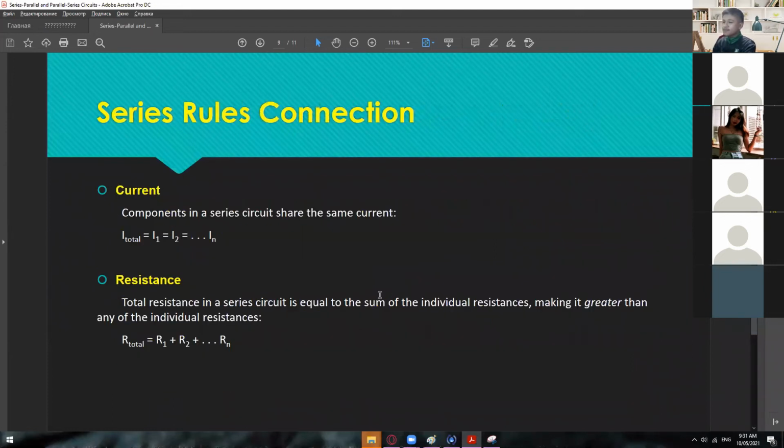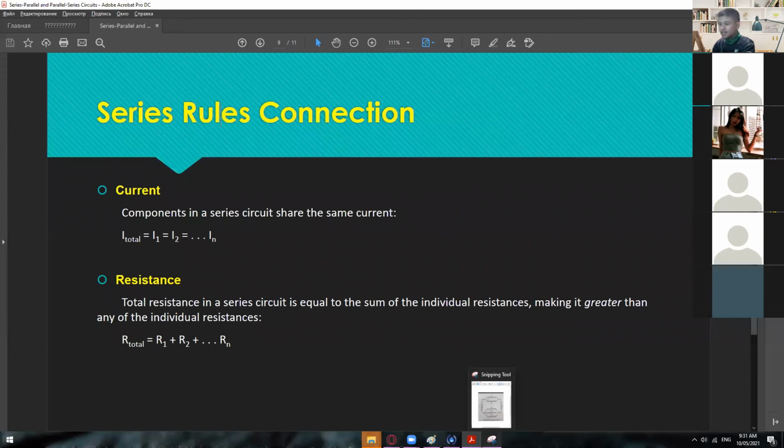Alright? And ito pala yung rules ng connections natin for the series. So for the current, kung ano man yung dumadaloy na total current natin, yun na rin yung dumadaloy na current natin for individual resistances.